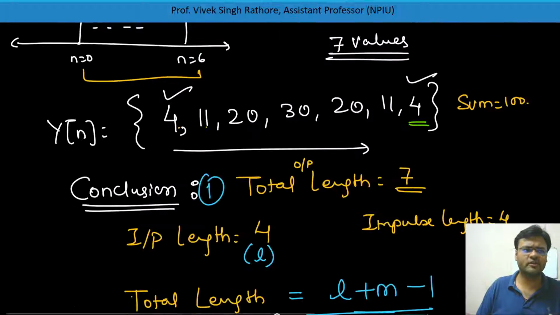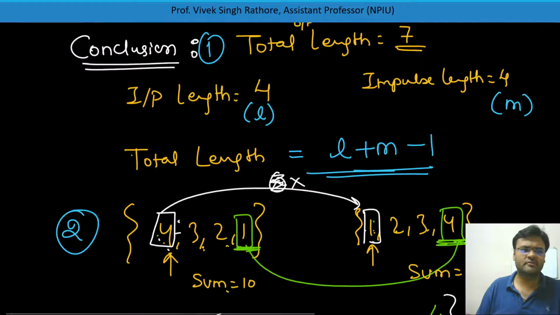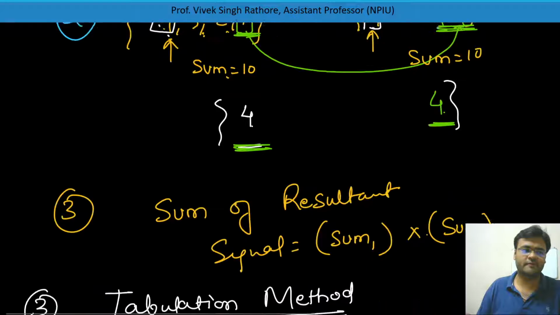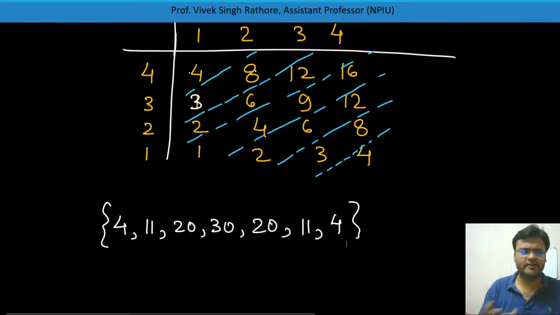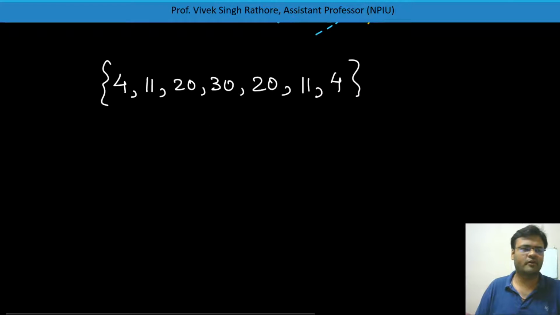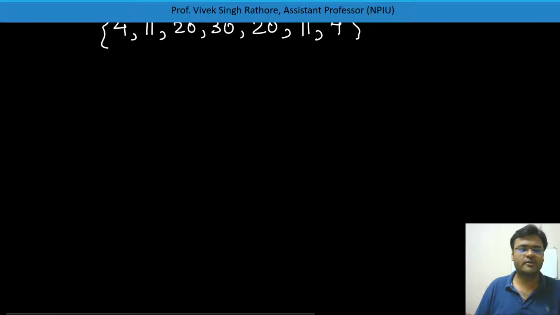After multiplication we reached this conclusion, which is very useful for objective type questions. For the tabulation method, you convolve, multiply and then add. So this was the tabular method for getting the response of a discrete time LTI system.